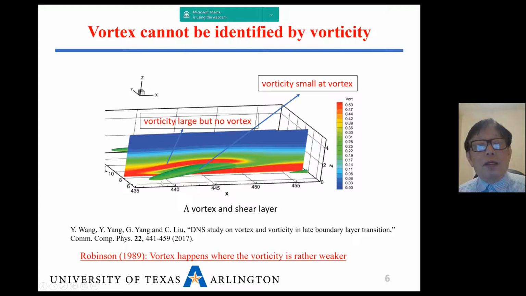We found the vortex happens in the place where the vorticity is rather small, not large, not in the red area, but in the green area. Robinson in 1989 found vortex happens where the vorticity is rather weak.